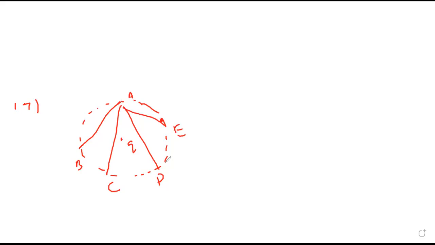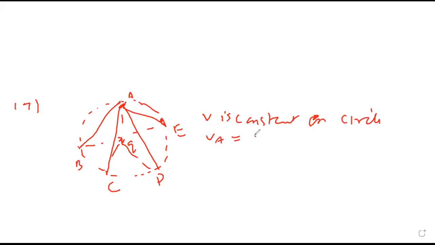In the electric field of point charge Q, a certain charge is carried from A to B, C, D. Then the work done along is? See, this is a circle, that means the distance is the same everywhere. If distance is the same and charge is the same, then V is constant on the circle. If V is constant, that means V at A is V at B is V at C is V at D. So the potential difference will always be zero.